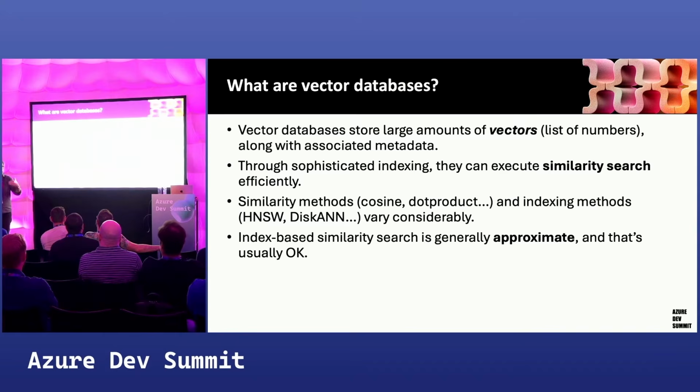Typically, you will be trading off a little bit of accuracy for performance. That's almost always okay because we're dealing with a fuzzy domain in any case. Things are not completely precise when we're dealing with these vectors of floating point numbers. So a 100% accurate result is usually not what you're looking for, you don't care, basically. You'll see why in a second once we start talking about applications. So it's an interesting property of vector search. I just thought I'd highlight it.